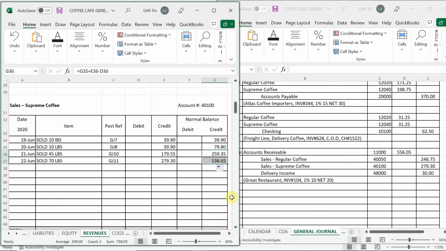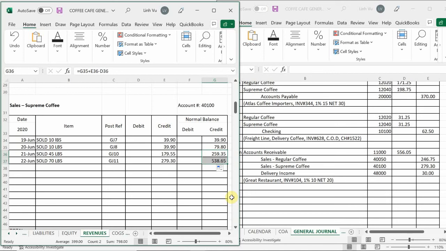We finished the ledger. Okay, we're going into our inventory. Not inventory yet.